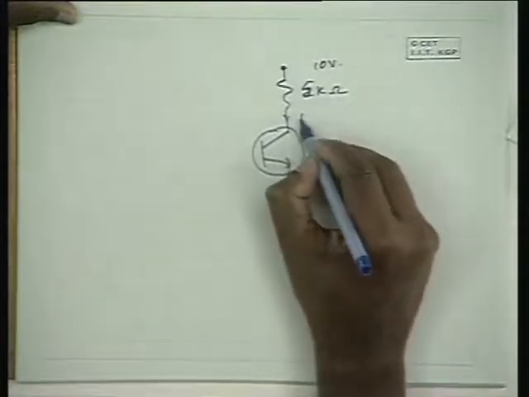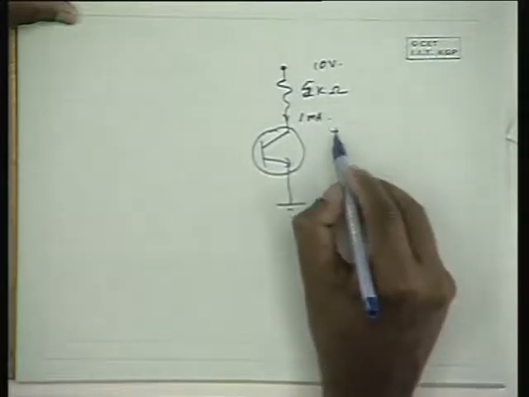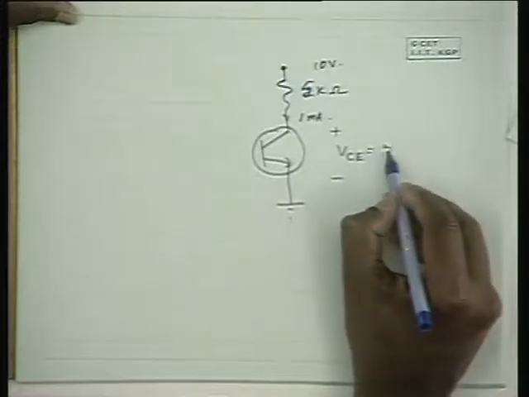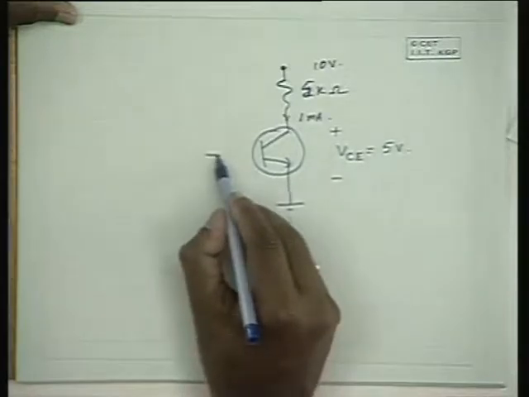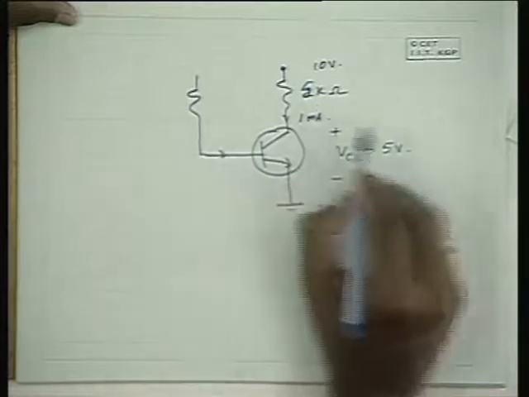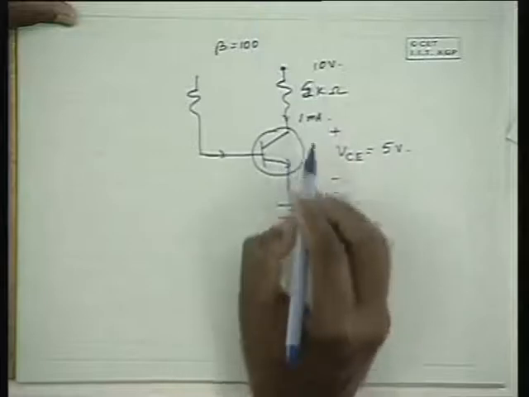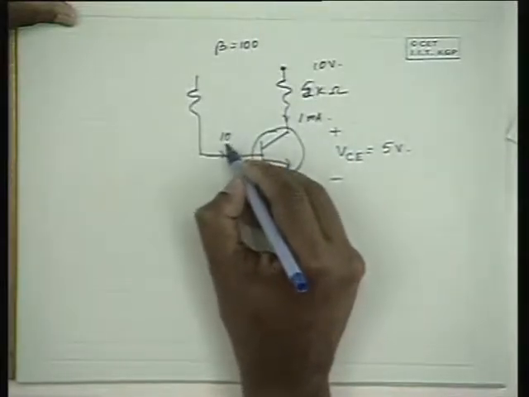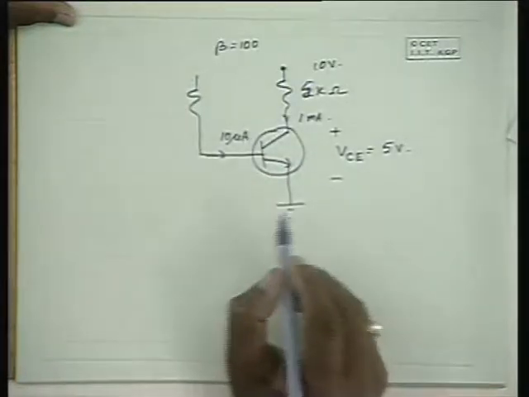The DC biasing current is say 1 milliampere, in which case the DC biased voltage is 5 volts. When beta is 100, if the collector current is 1 milliampere, the DC base current is 10 microamperes.